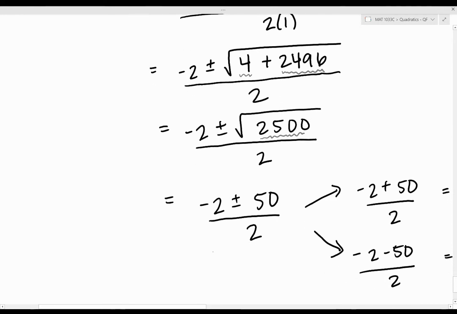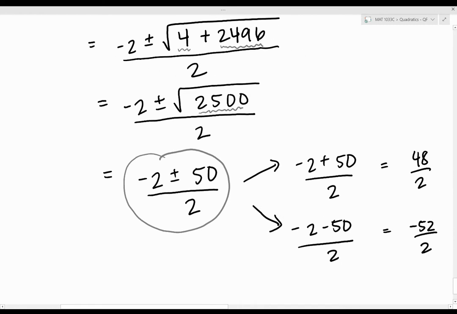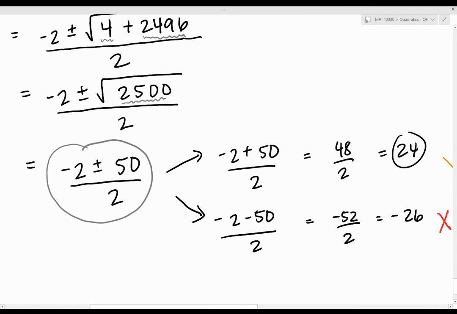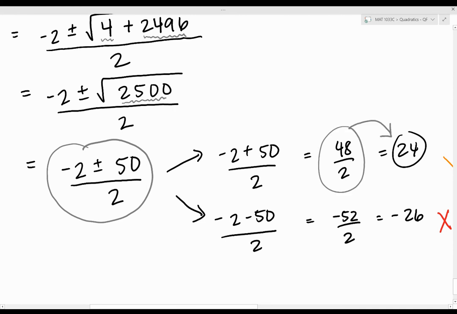So when I get here, remember that's two answers. One of them is negative 2 plus 50 over 2, and the other one is negative 2 minus 50 over 2. When I simplify the first one, I get 48 over 2, which simplifies to 24. And the second one is negative 52 over 2, which simplifies to negative 26.